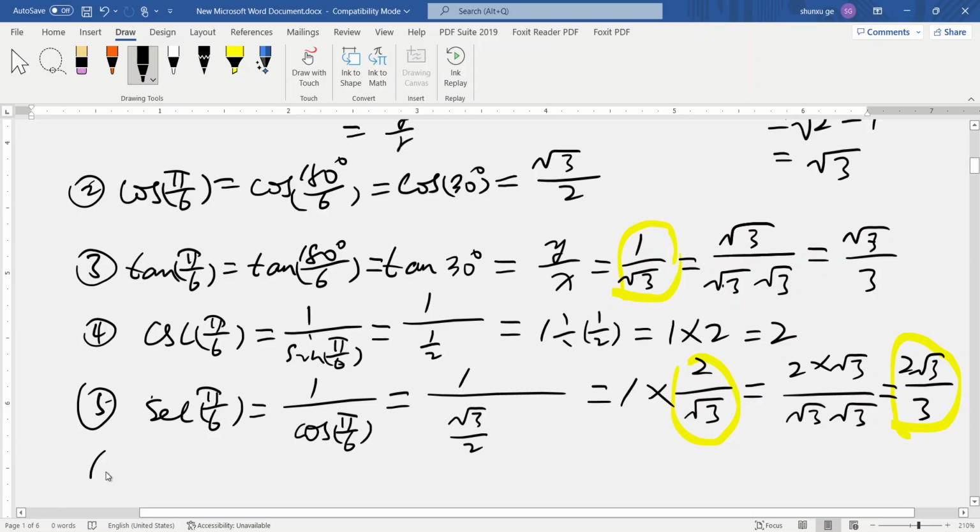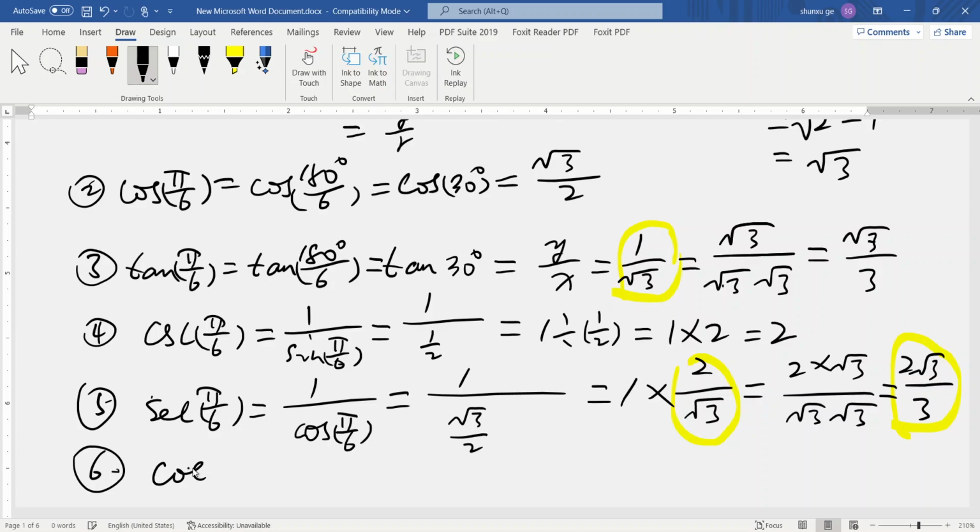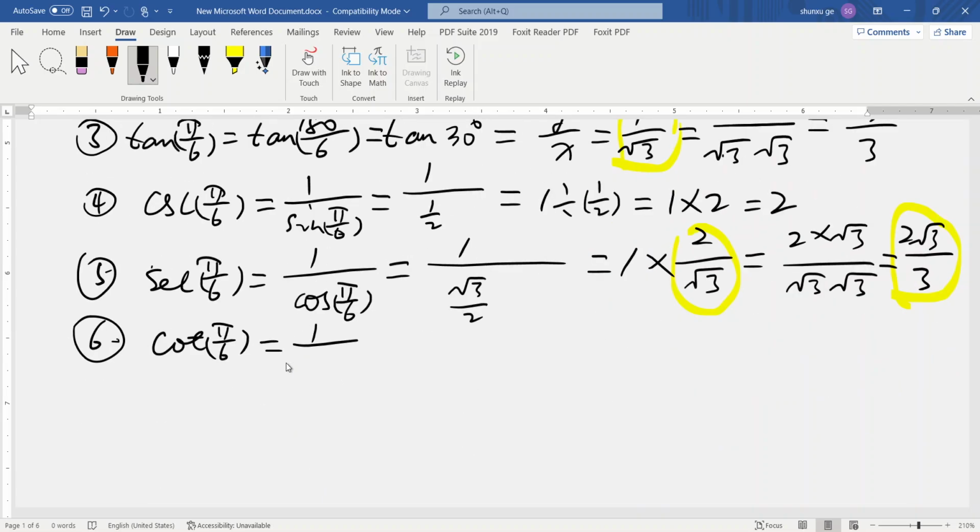Then question 6. Cotangent pi over 6 equals 1 over tangent pi over 6.